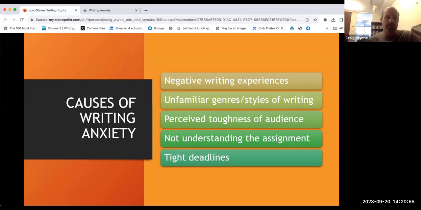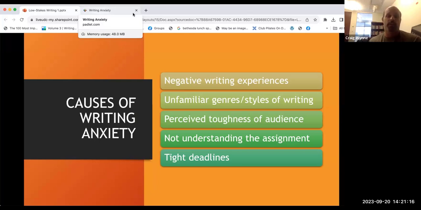So a lot of times these unfamiliar genres can cause anxiety, and a lot of times it's this fear of the unknown, which I think is pretty universal, but it definitely applies to writing as well as perceived toughness of audience.